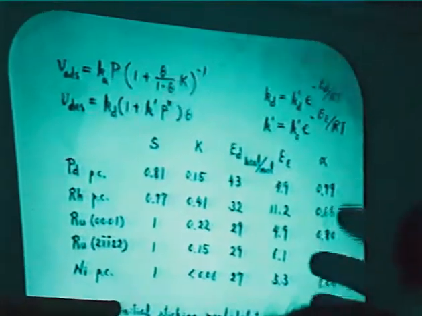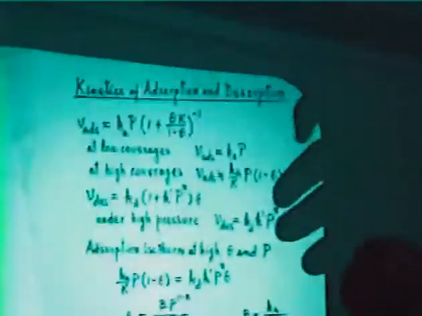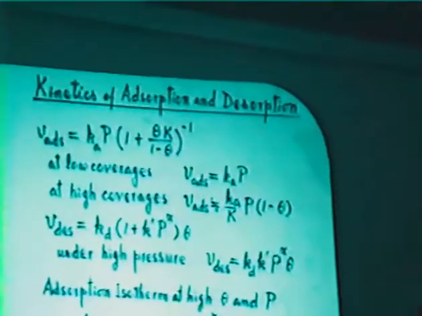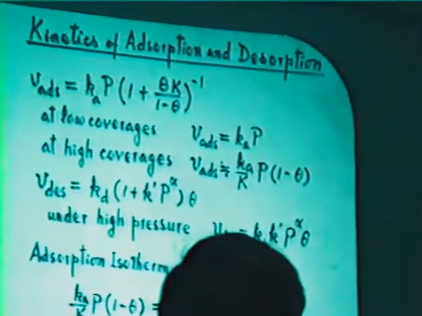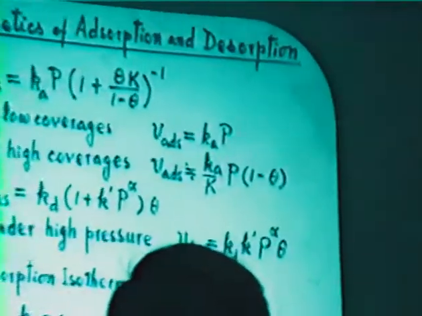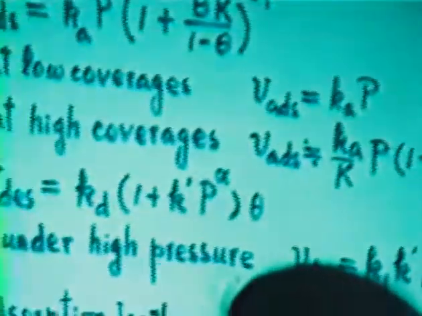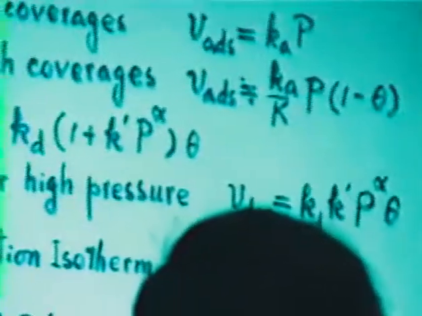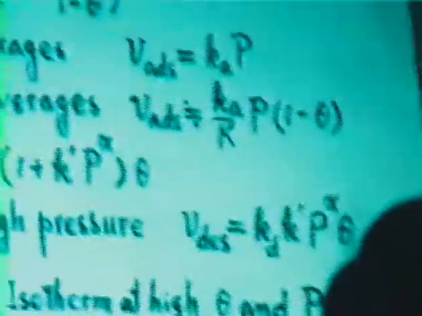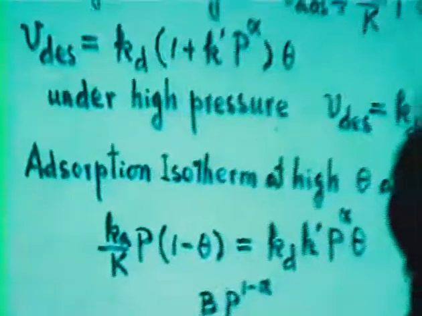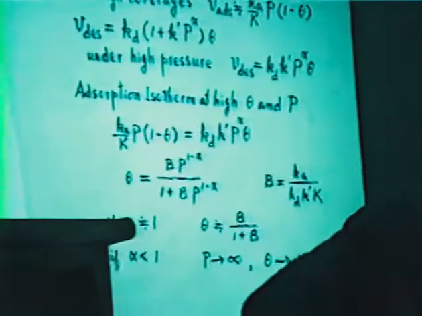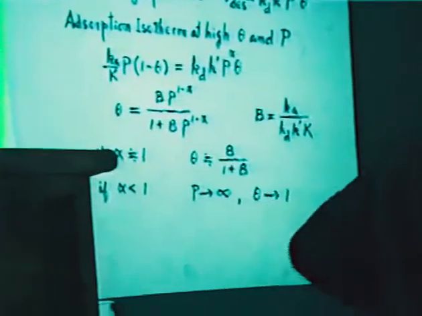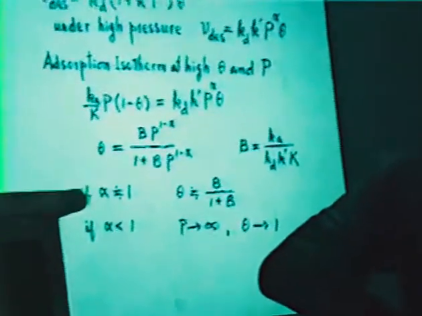And so this is the rate of desorption, and at high coverage, this rate is expressed by theta, because at high coverage we can neglect the unity compared to this term. But as to the adsorption rate at high pressure, of course, unity here can be neglected, and so this is fixed. And for the adsorption isotherm at high coverage and pressure, we can derive such an equation.